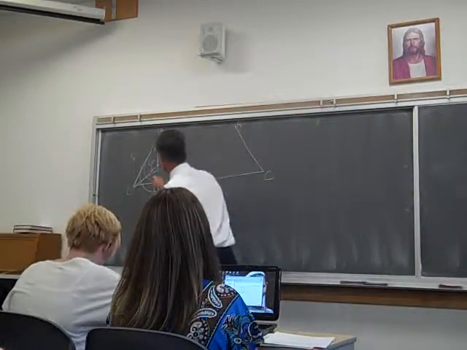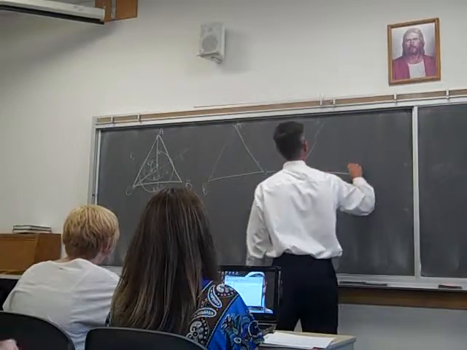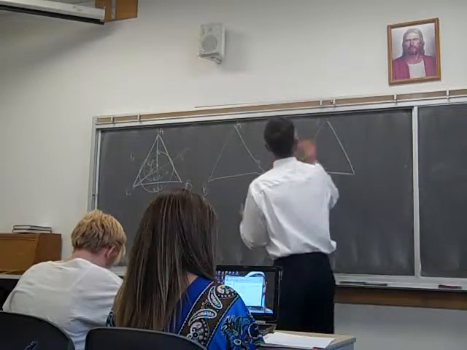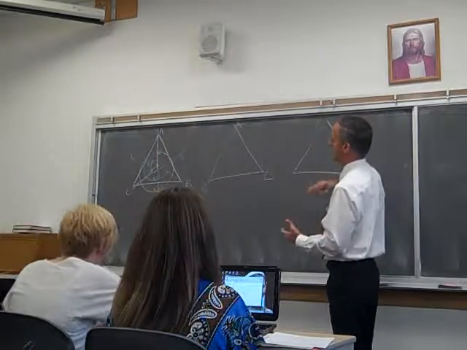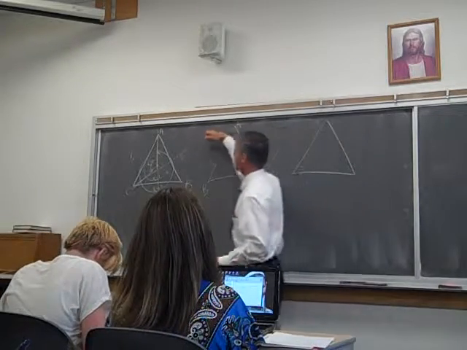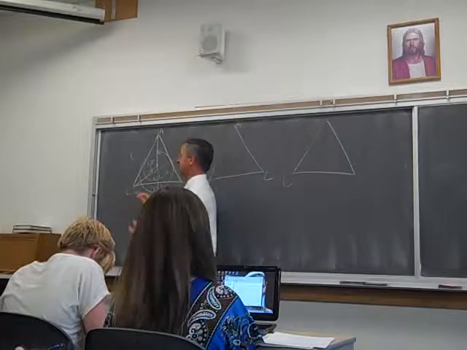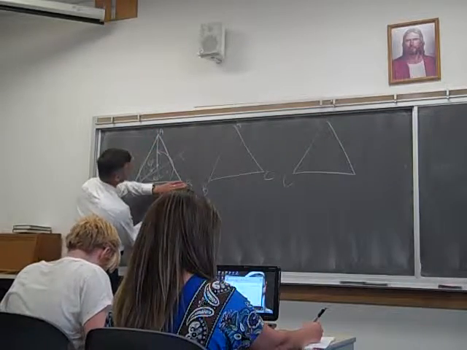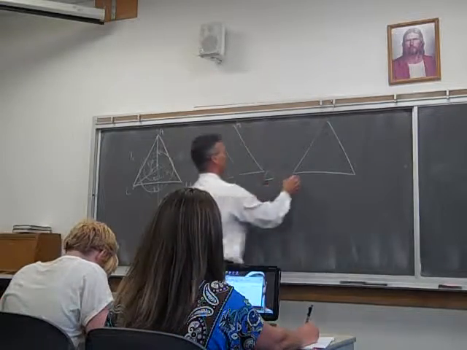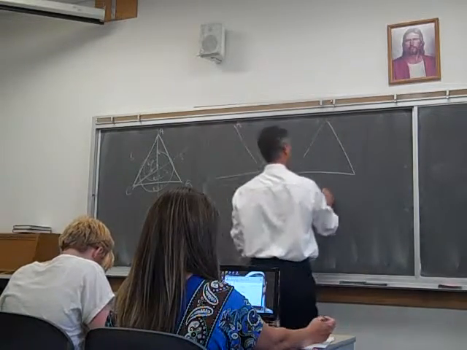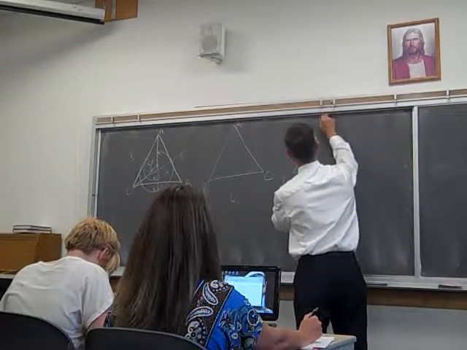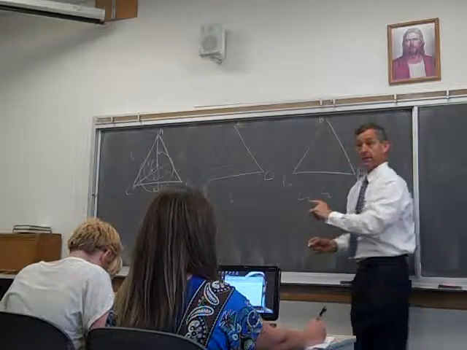If this is the original, and we reflect it in this line, how is it going to be lettered now? C will be in the same spot because it's on the line of reflection, and A is going to go where B is. Does everybody see across here? So this is for L1, this is for L2, it's going to be C, and this is going to be B, and this is going to be A. Does everybody see what I'm talking about?